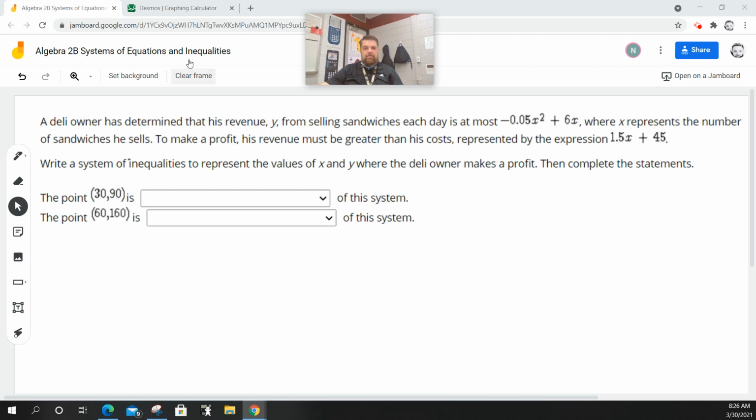So when we say at most, it means he doesn't go any greater than. I've got to figure out which inequality this is.